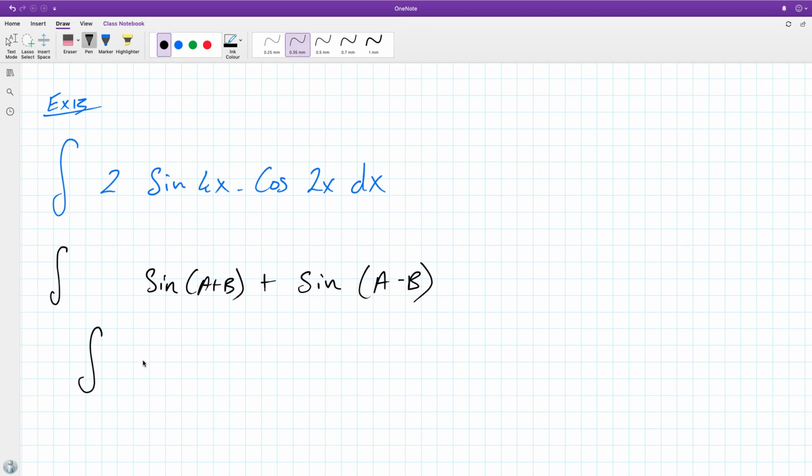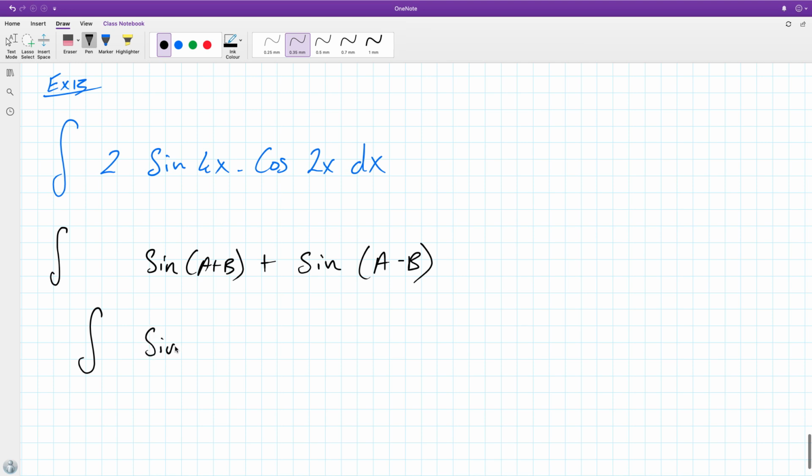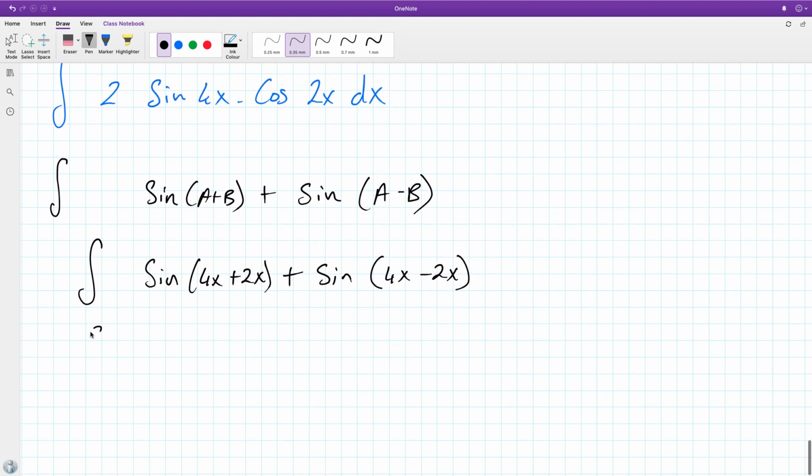That is the integration of the sine of a, which is 4x, plus b, which is 2x, plus the sine of a, which is 4x minus 2x. That's the integration of the sine of 6x plus the sine of 2x.